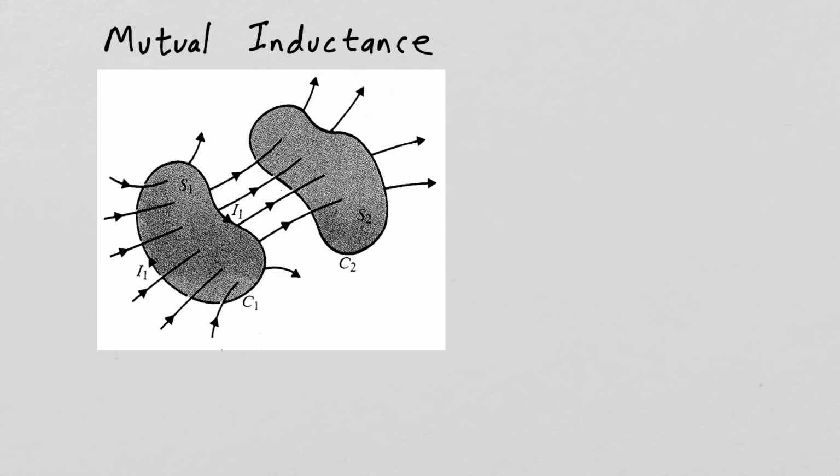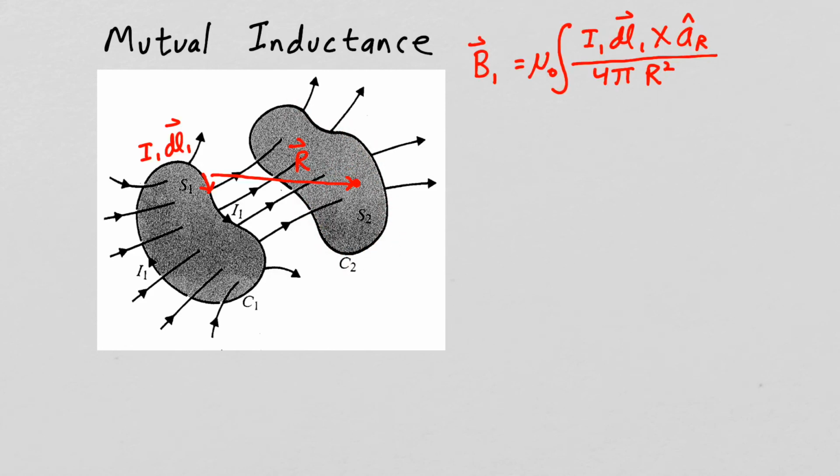Here we have two coils, coil 1 and coil 2. With the current flowing through coil 1, I sub 1, a magnetic flux density field is generated everywhere, and some of that magnetic flux will go through the surface whose perimeter is defined by coil 2. So we can use the Biot-Savart Law to determine the magnetic flux density field generated by current I1 everywhere inside surface S2 here.